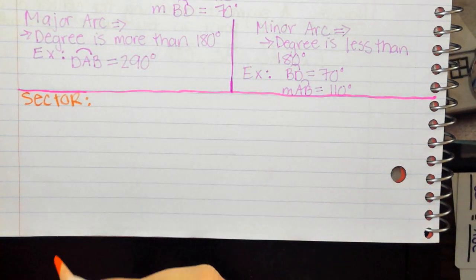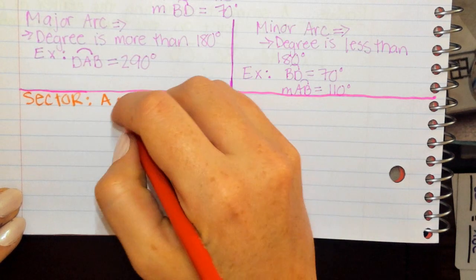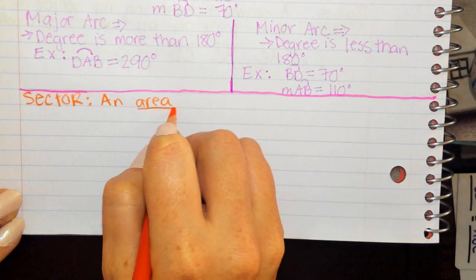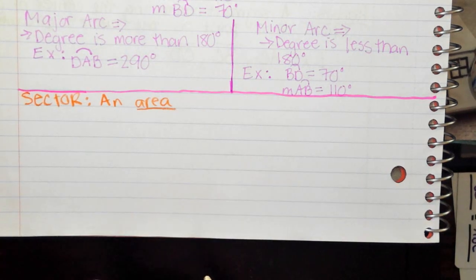So what a sector is, this is an area. A lot of what we talked about so far has been in reference to either angles or lines.